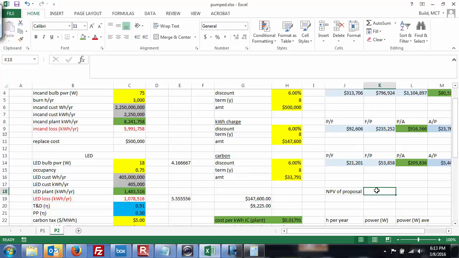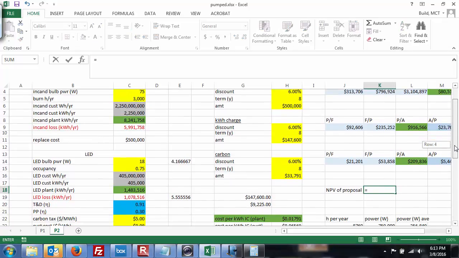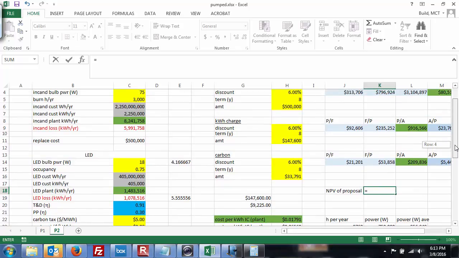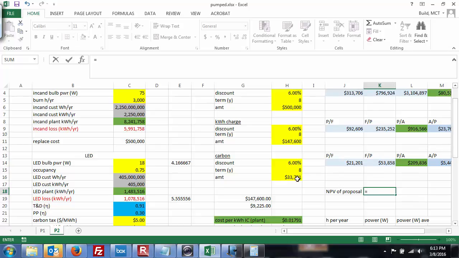So this equals, so the utility is gonna save $33,000 per year in carbon tax. So that's gonna save them that much. This is how much the utility is gonna make.